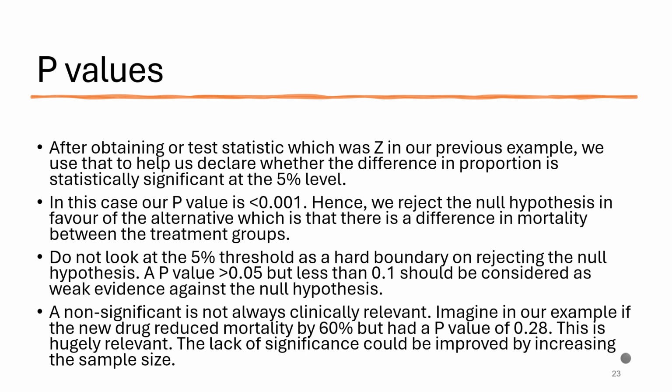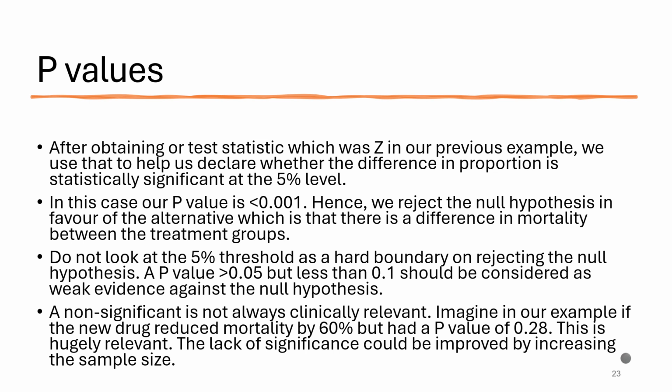Do not look at the 5% threshold as a hard boundary. A lot of people tend to do this. They might get a p-value of, let's say, 0.06, and then they conclude, oh, we fail to reject the null hypothesis because it's not less than 0.05.